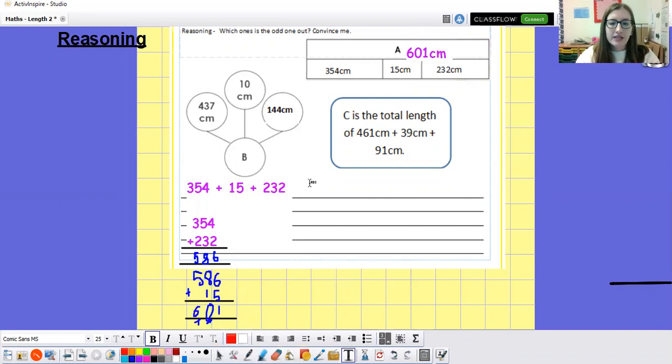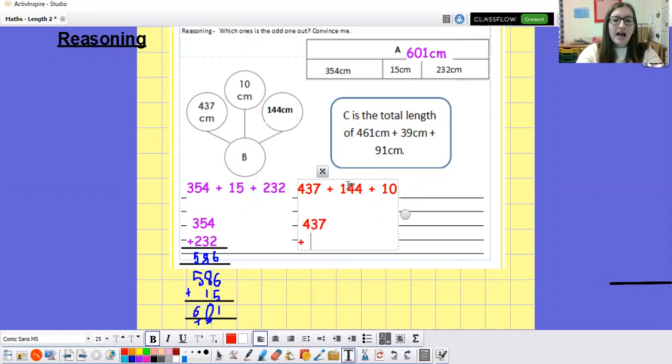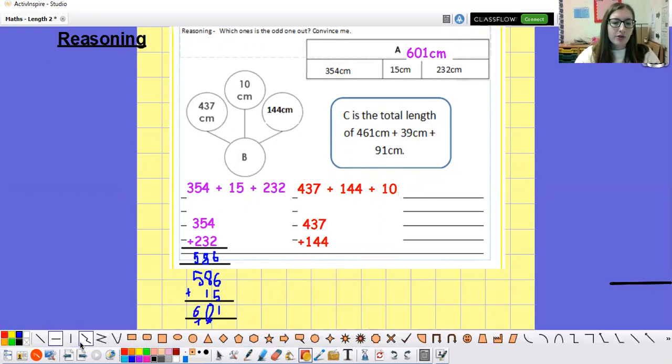Let's do red. Let's do B. So for B, we're going to be doing 437 add 144 add 10 this time. So I think I'm going to use column addition to work out this one, and then we're going to do something else. So I'm going to do 437 add 144. Make sure I'm using my straight lines. There we go.